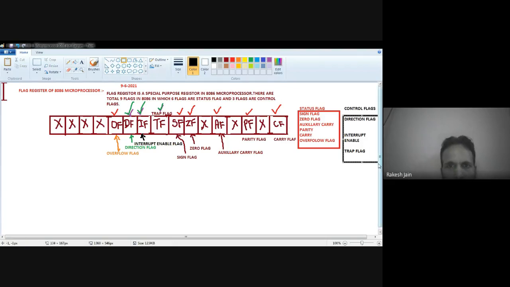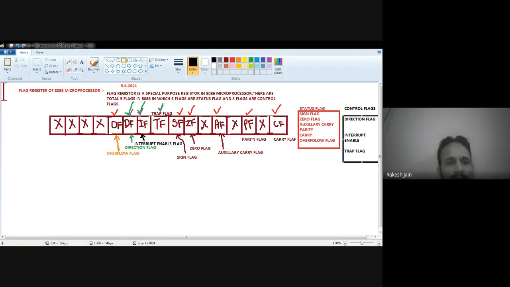Now I'm telling you the working of these different kinds of flags. First of all, we talk about the control flags. This direction flag is especially used in string instructions. If the direction flag is set, then access the string data from higher memory location towards lower memory location.